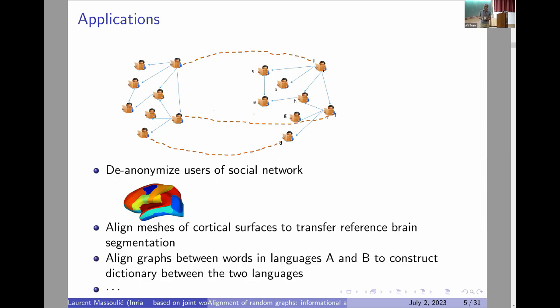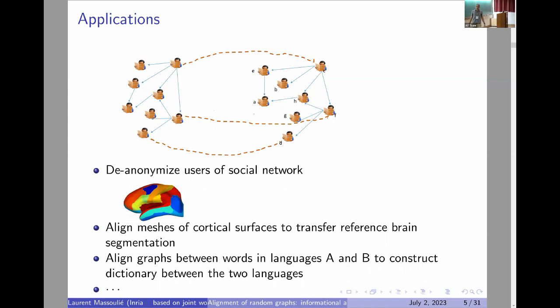So third kind of application you might consider, which is a bit more far-fetched, but nevertheless, let me mention it. You could have two languages and then do some embedding of your words in your language into some high-dimensional Euclidean space. Now that you have these two embeddings of words into Euclidean spaces, you can create a graph, say nearest neighbor graph between the words embedded in your Euclidean space.